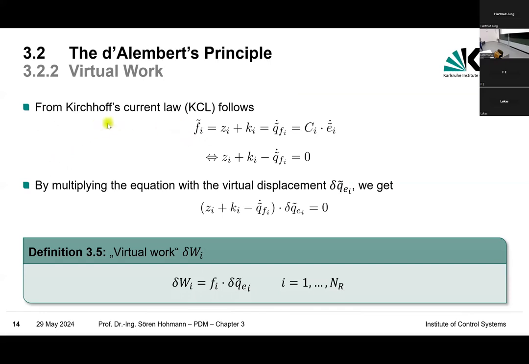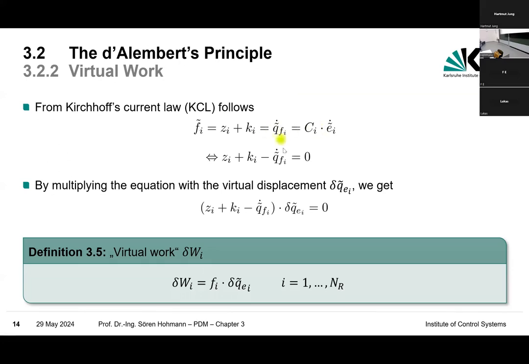So if we do that, we know Kirchhoff's current laws. We can say that the flow Ĩ_i, because we do not just know the redundancy situation, is equal to Z_i plus K_i. And we also know that this flow can be described as a coordinate variable derived by integration.